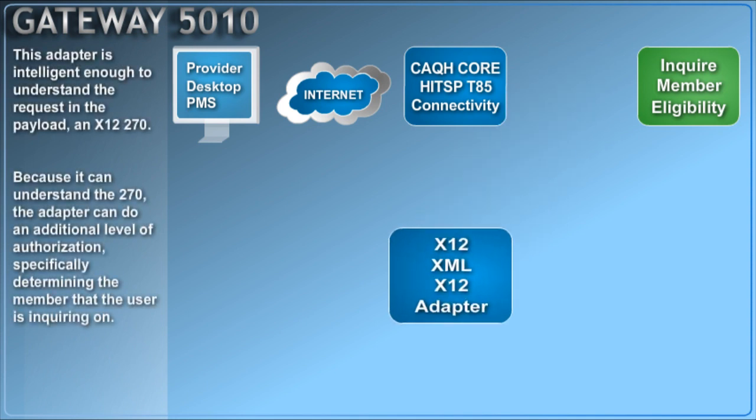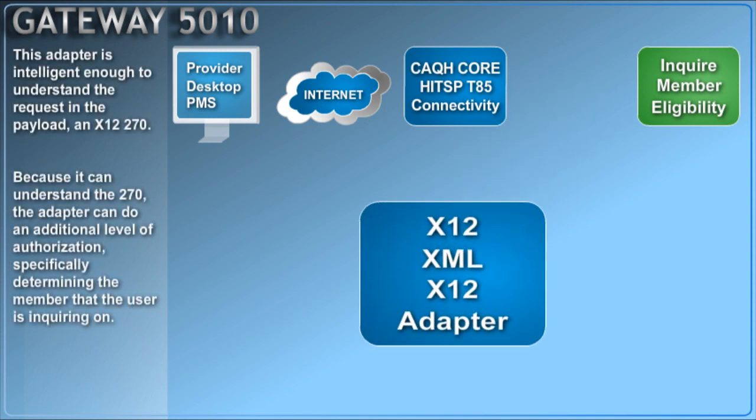Therefore, we need an adapter, and this adapter is intelligent enough to understand the request in the payload, an X12-270. Because it can understand the 270, the adapter can do an additional level of authorization, specifically determining if the member that is being inquired on can be inquired on by the person who is submitting the request.